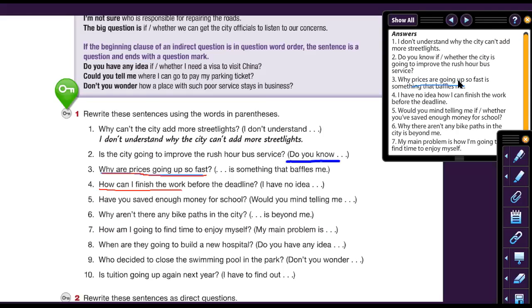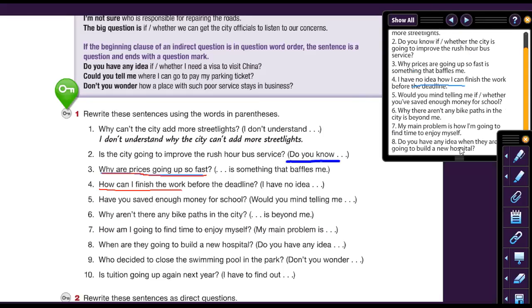Number 8. Do you have any idea when they are going to build a new hospital? Exactly. Do you have any idea when they're going to build a new hospital? Correct. Excellent.